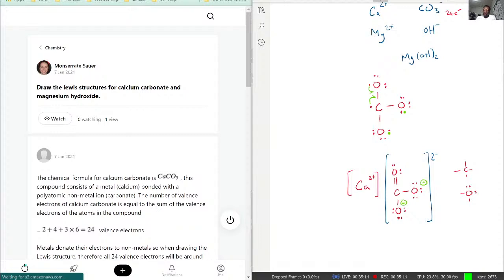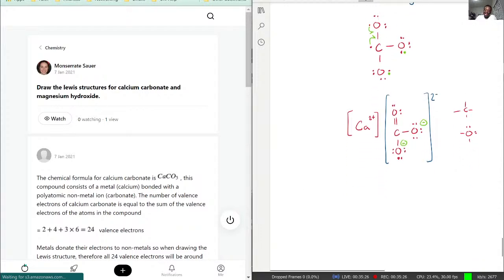Now for MgOH2, we have to first do the OH. Oxygen has 6 electrons. Hydrogen is 1, plus another one from the minus, that's 8 in total.